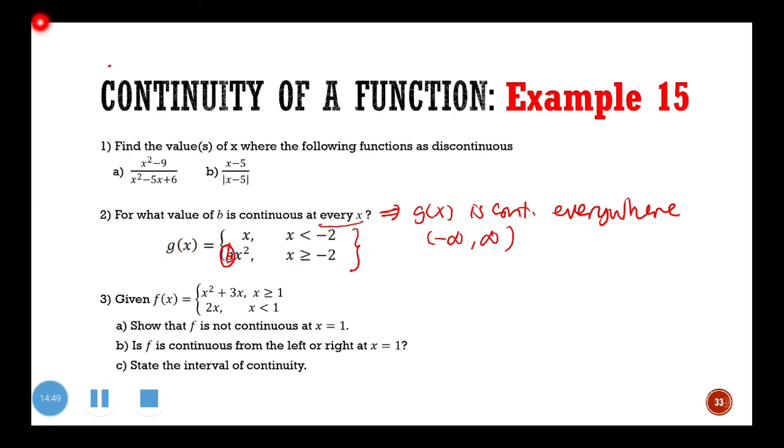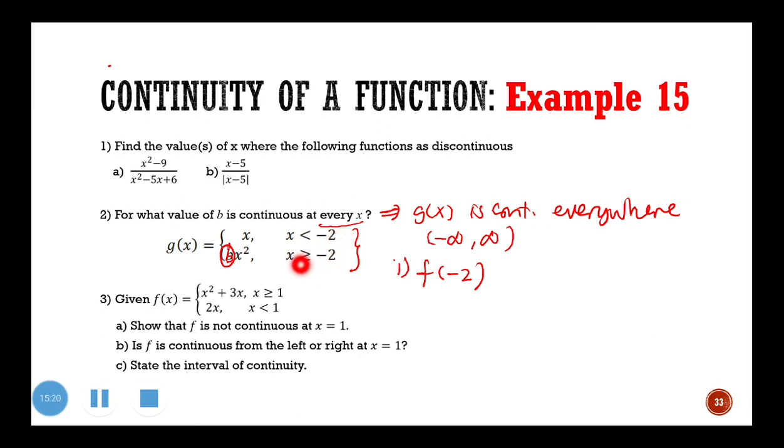Remember to check on the continuity. The first thing is you need to check the value at x equals negative 2, f(negative 2). Okay class, for f(negative 2), which function should we use, the first one, x, or the second one, bx squared? Look at the domain here. x is for x less than negative 2, so does x equals negative 2 included? No, right?